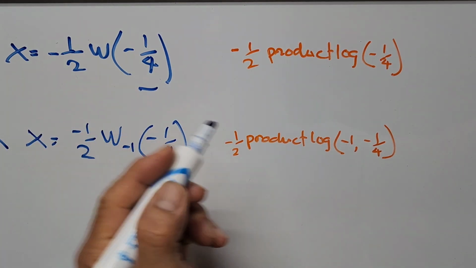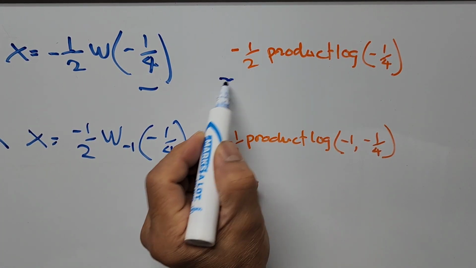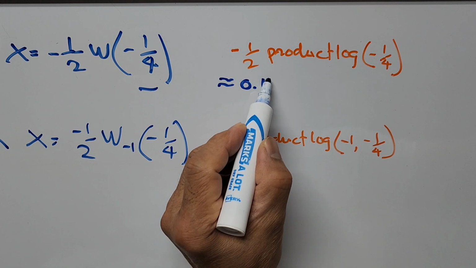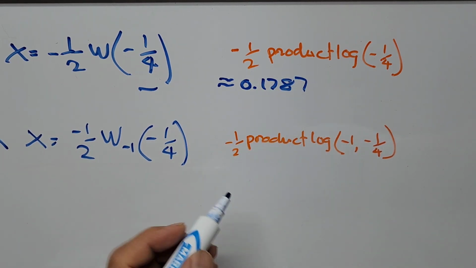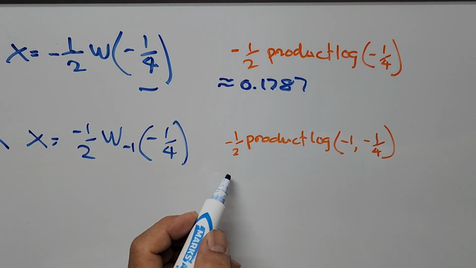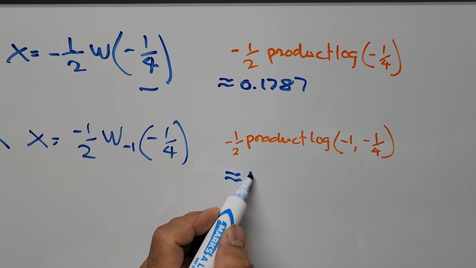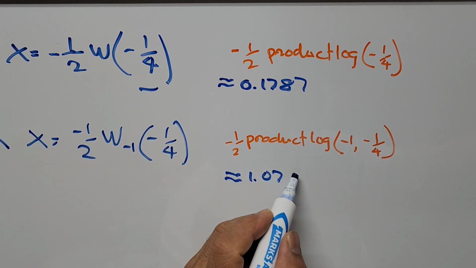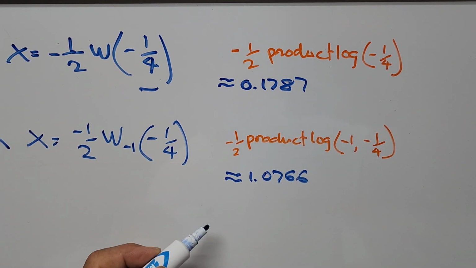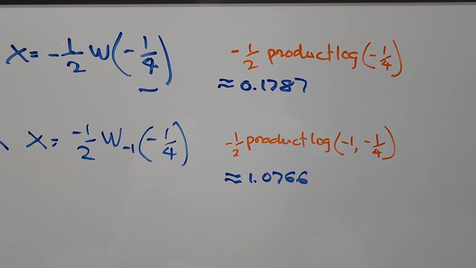So this value of x is approximately equal to 0.1787, and the other value of x is approximately equal to 1.0766.